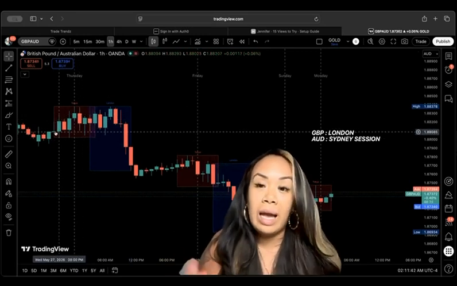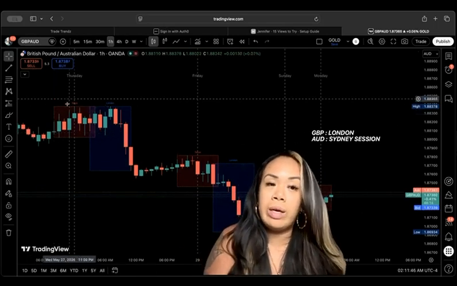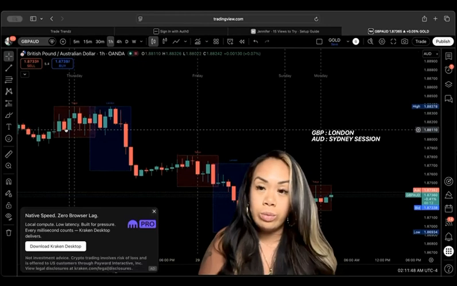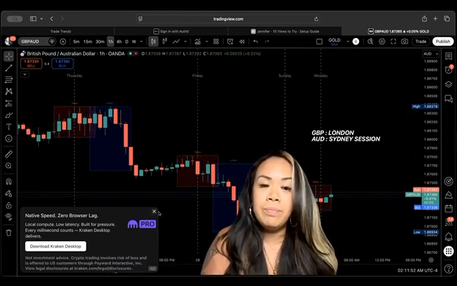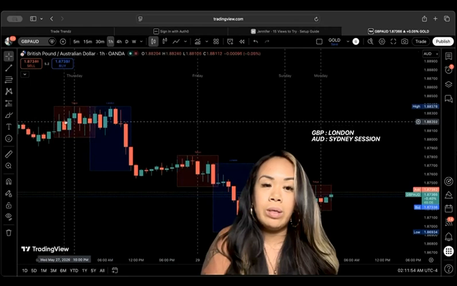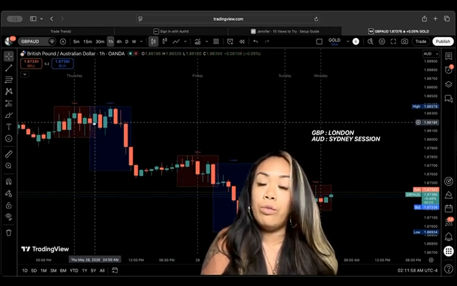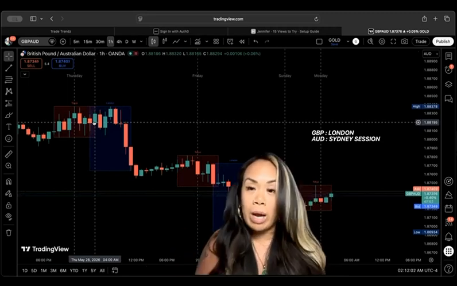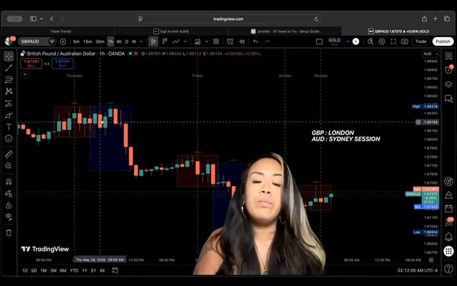It doesn't necessarily have to be at the beginning of the Asia session, but just know that if you're trading anything that has to do with Japanese yen around these time frames, as you can see right here at the bottom, anywhere between 8 p.m. up until 4 a.m., anything that's paired with Japanese yen is going to be making moves.